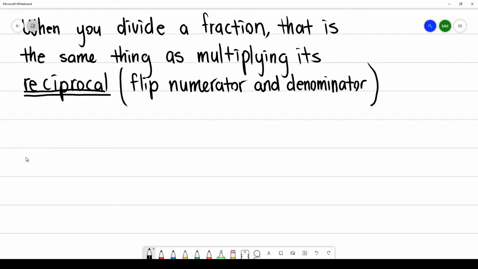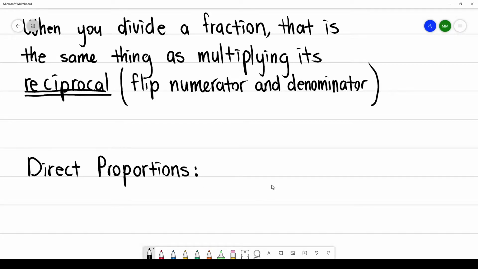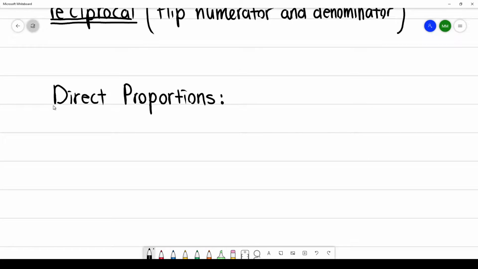So first we're going to start with direct proportion again. So I will just give you the key properties. Always remember these key qualities.